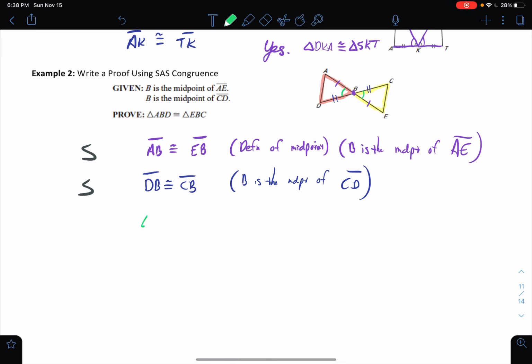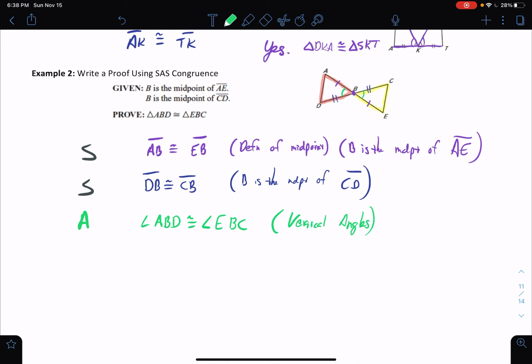So I've got angle, and order here is important, ABD congruent to angle EBC. What's my reasoning? Vertical angles. All right, so that tells me that an angle between these two triangles is congruent.